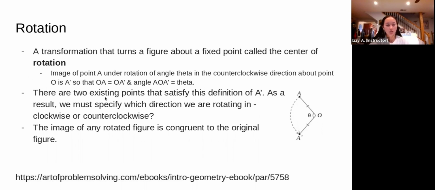So there are two existing points that satisfy this definition of the new point A'. As a result, we must specify which direction we are rotating in, clockwise or counterclockwise.